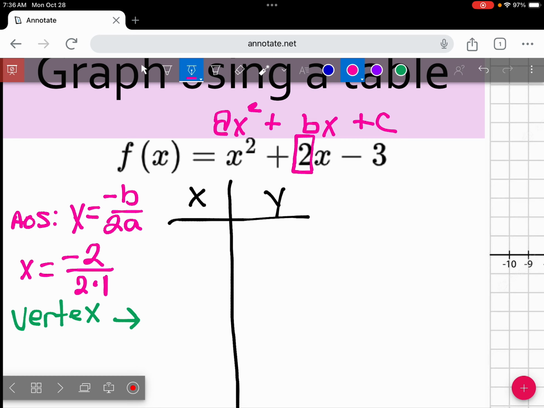So if the x value of my vertex is negative 2 over 2 times 1, what does this simplify down to? Negative 1. Because this is negative 2 over 2. So the x value of my vertex is negative 1.